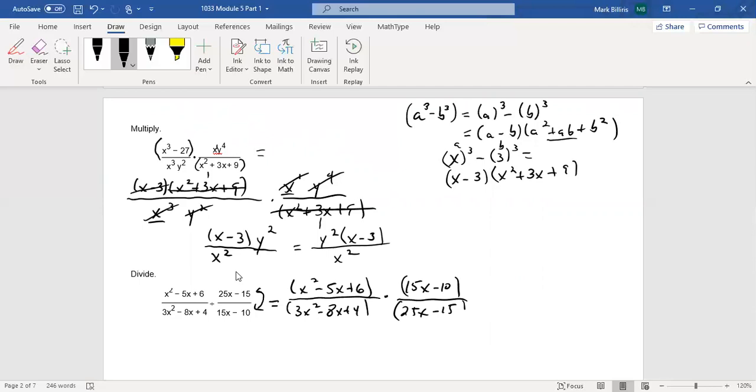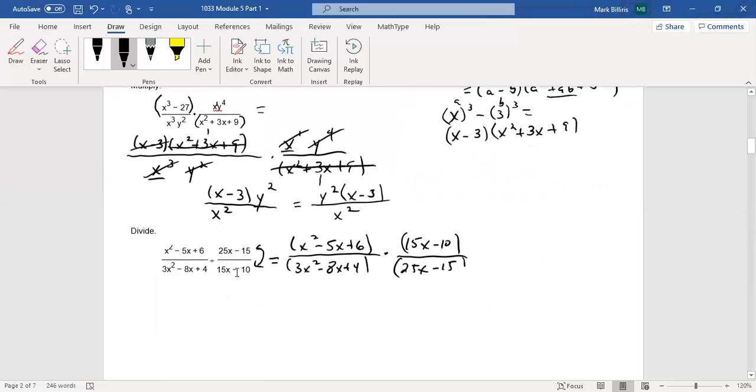So now I need to factor. So in my numerator, the x squared minus 5x plus 6, I can use the shortcut. So I'm looking for the factors of positive 6 that add to a negative 5. So that'd be a negative 2 and a negative 3. So I get x minus 2 times x minus 3.